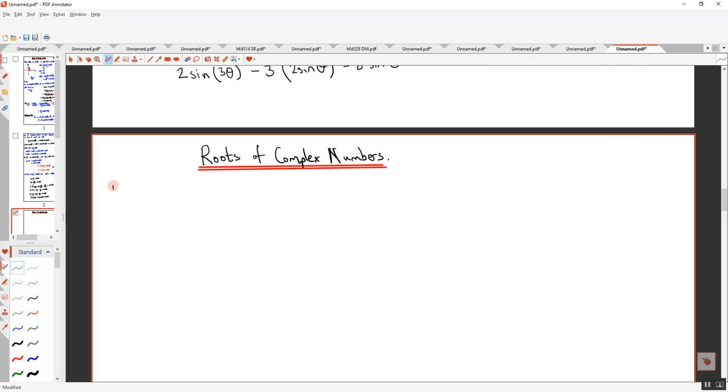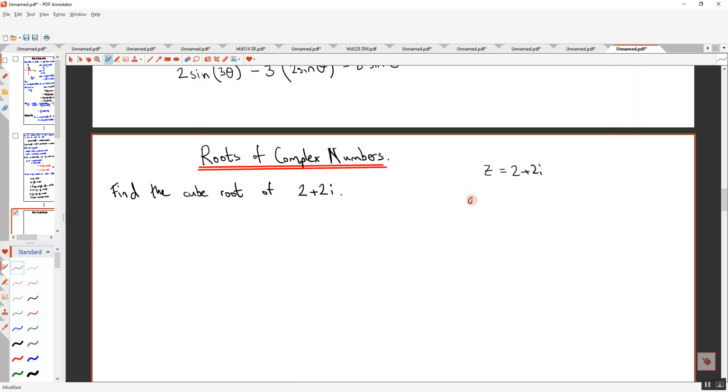So let's find the cube root of 2 plus 2i. Now, we did these kind of before, okay? We said if I have got 2 plus 2i, don't need to write this down, okay?